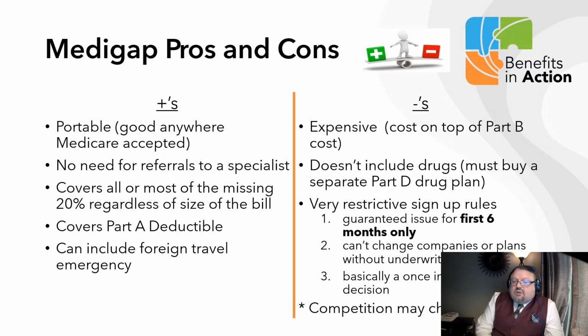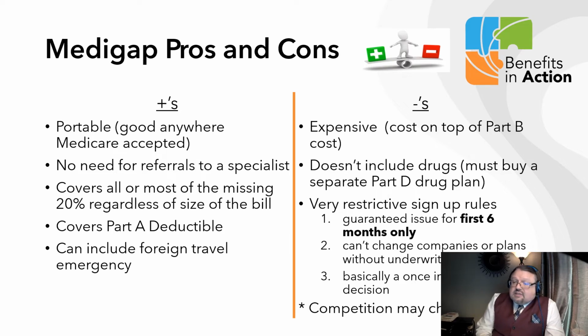So there's no need for referrals to a specialist under any of the Medigap plans. It covers almost all of that 20% regardless of the size of the bill. It covers your Part A deductibles, which, as I mentioned, can stack up and be pretty extensive. And it can even afford you some coverage when you're traveling in foreign countries.